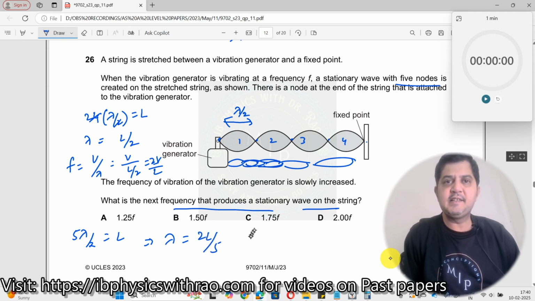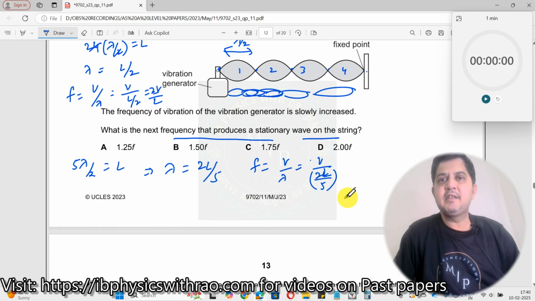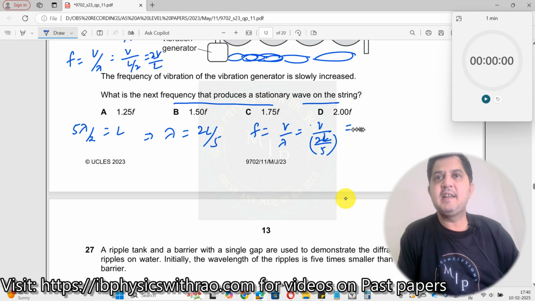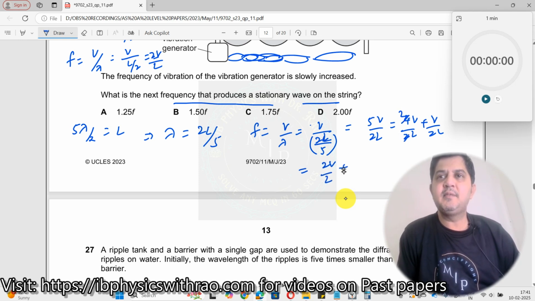Thus the frequency is equal to V by lambda, which is V divided by 2L by 5, and when I simplify this, I get 5V by 2L, which can be written as 4V by 2L plus V by 2L, since 5V is 4V plus V. This can be written as 2V by L plus V by 2L.